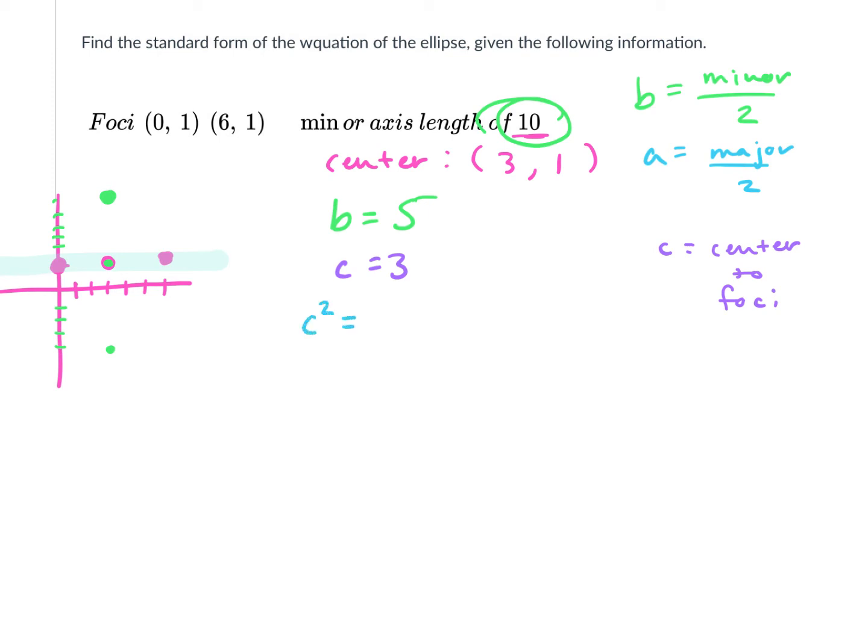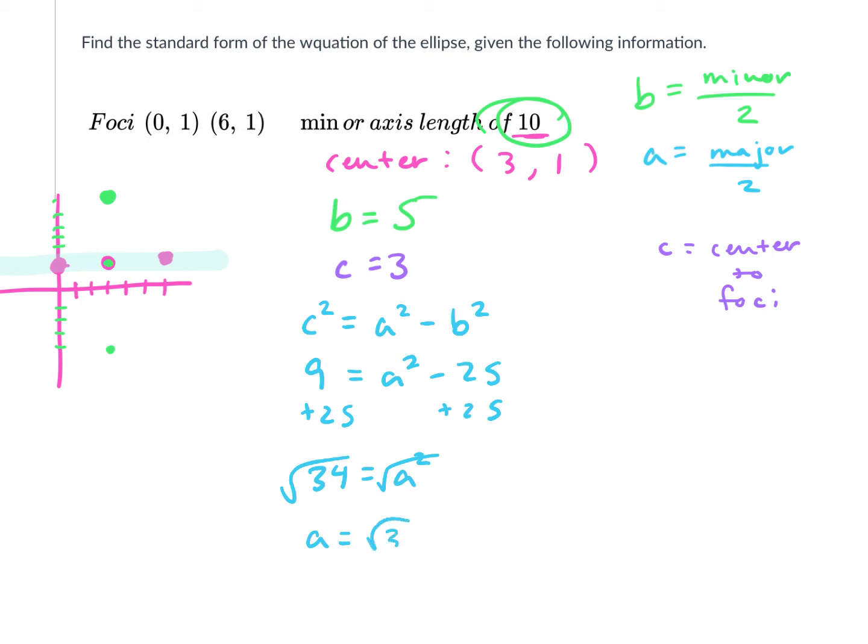C squared is equal to A squared minus B squared. C we said was 3, so C squared is 9. A squared minus B squared would be 25. Add 25 to both sides. So 34 is equal to A squared. Take the square root. A is equal to square root 34.